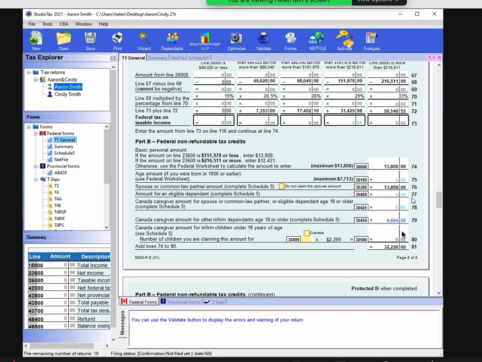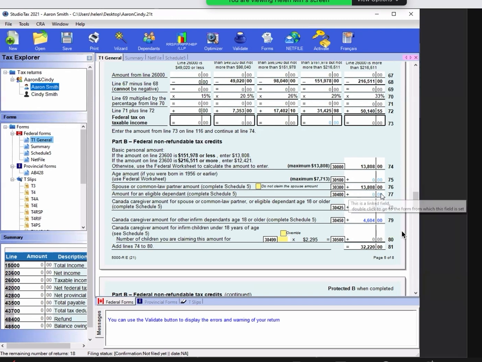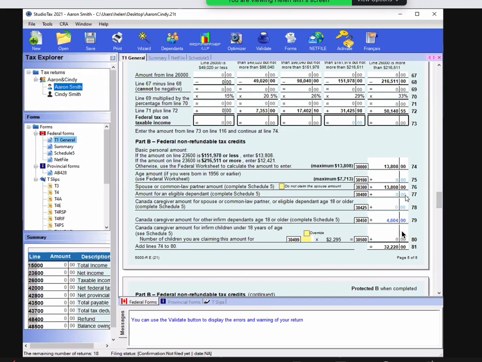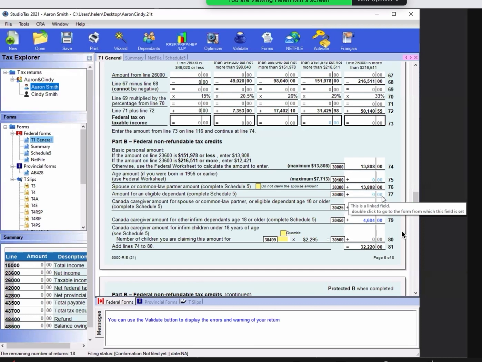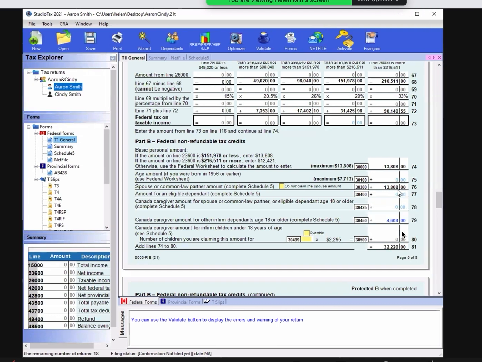If that dependent's net income is zero, then he gets the full amount of $13,808. It's the same thing as the spouse and common law partner.